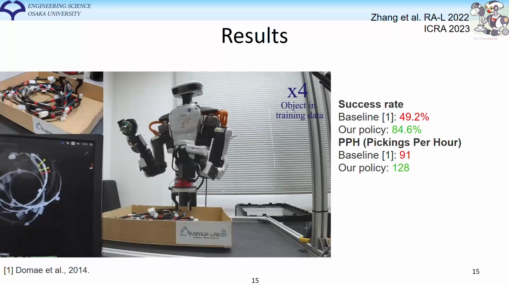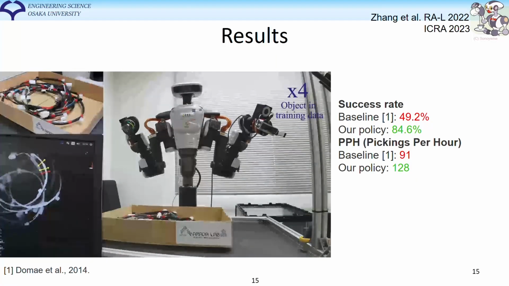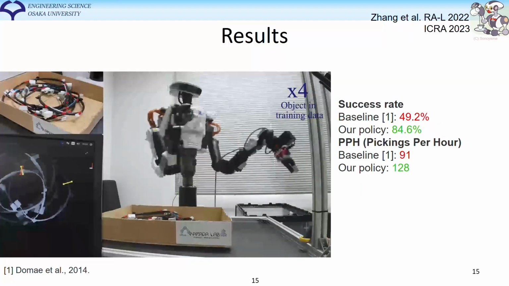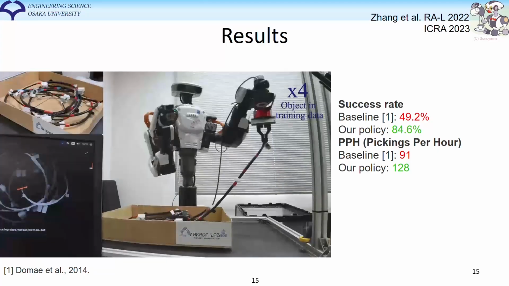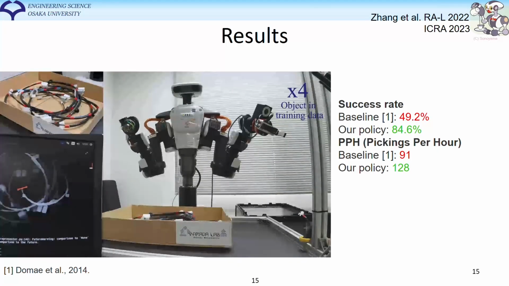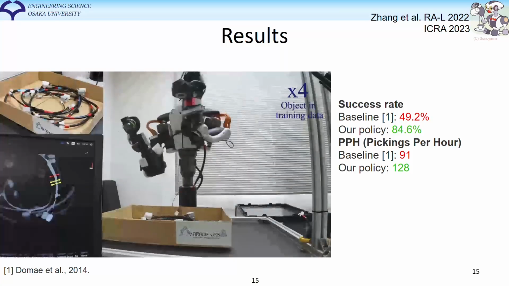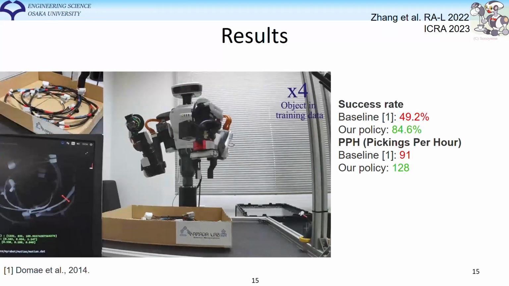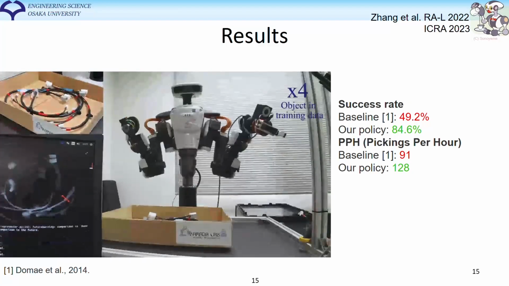So this is the experimental result. By using the circular motion, it can be seen that the robot can effectively disentangle the entangled wire harness. Okay, so the success rate of this method is not low, about 84%.